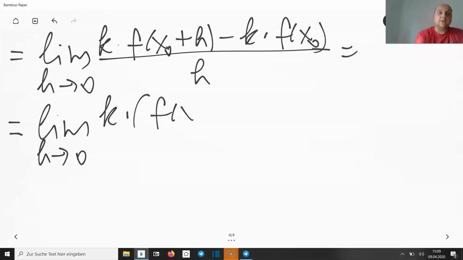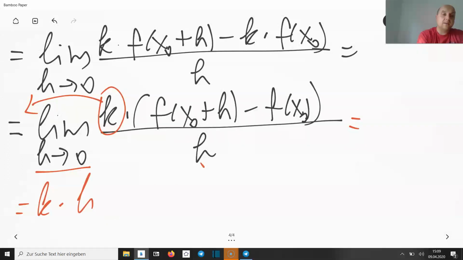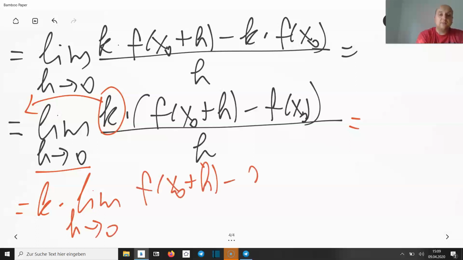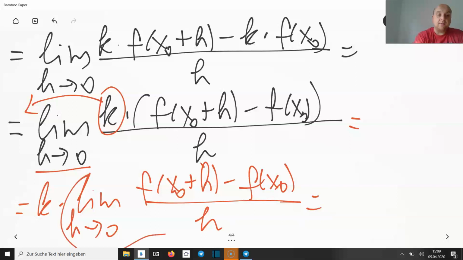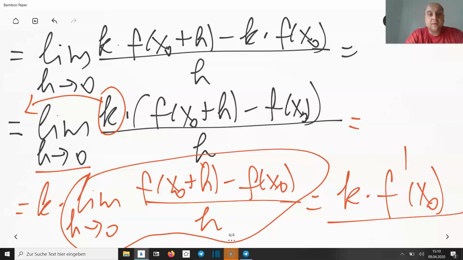We just have f of x0 plus h here, minus f of x0 divided over h, and now by the factor rule of the limits, we can keep this value of k, which is totally independent of h, outside of the limit. And what we're gonna have here is the limit h towards 0, f of x0 plus h minus f of x0 divided over h. This is a derivative of f by the first principle. So since the function was assumed as differentiable, this derivative exists, and we get this as a result. So this is the proof of the factor rule.